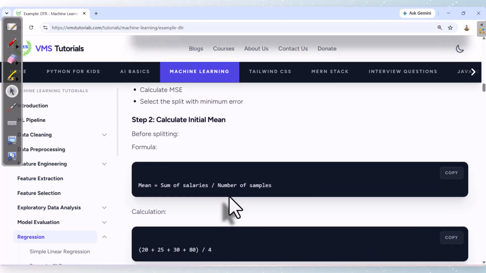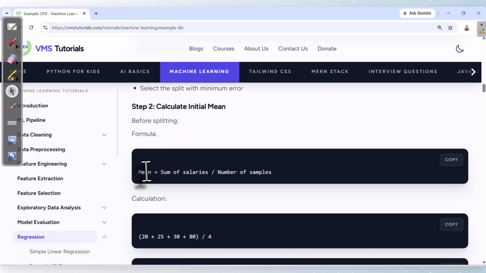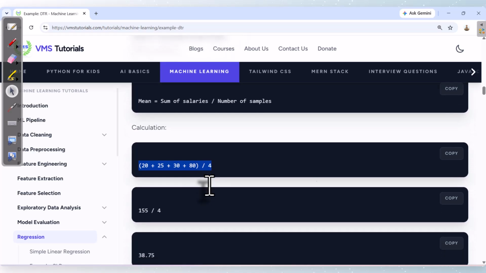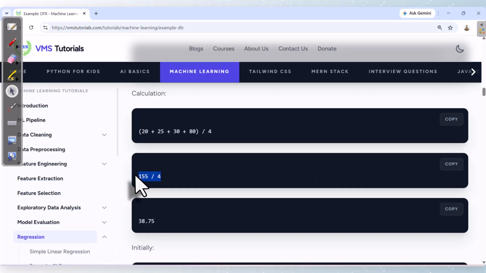Now, let's take the initial mean. I haven't taken any split, directly the full data set. The full data set I am taking before splitting. The formula is sum of salaries by number of samples. The total salaries are 20 plus 25 plus 30 plus 80 divided by 4, that is 155 by 4.